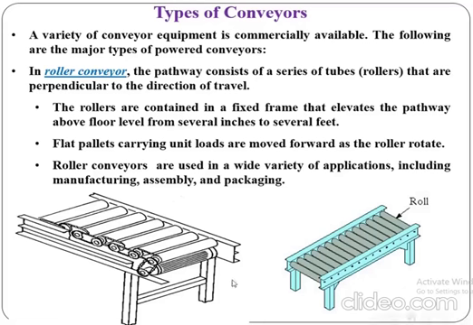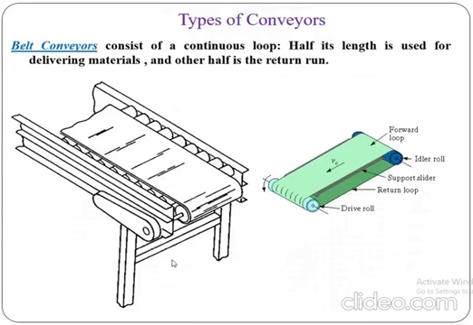So in the picture, if you see here, these are the rollers, and they are perpendicular to the direction of movement. Then the belt conveyor consists of a continuous loop. Half its length is used for delivering a material, and the other half is the return run.